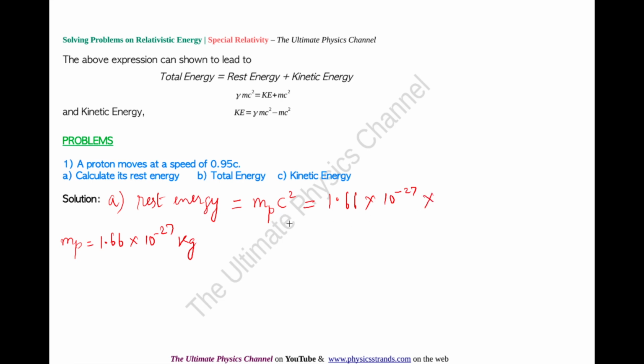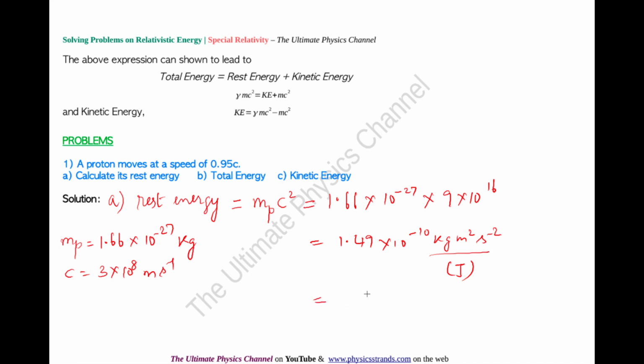The velocity of light c is taken to be 3 into 10 power 8 meters per second. When I square it, I get 9 into 10 power 16. If I work this out, I'm getting 1.49 into 10 power minus 10 kg meter squared per second squared, which is nothing but joules.